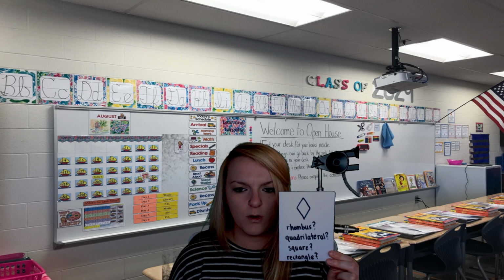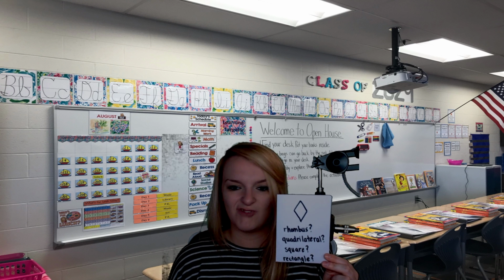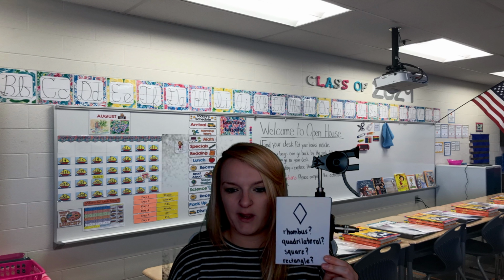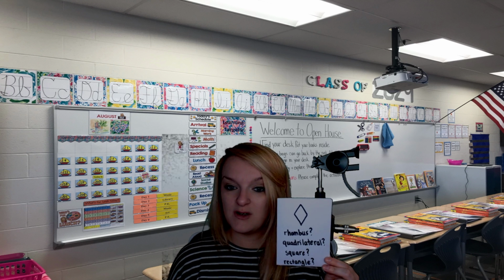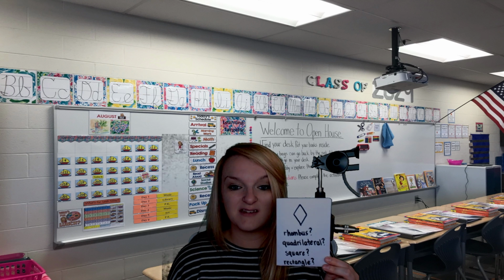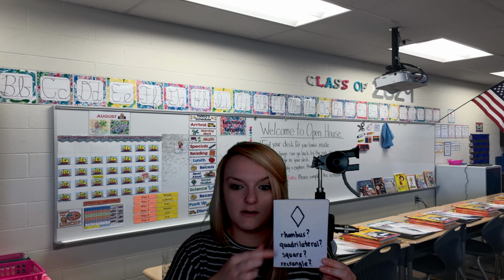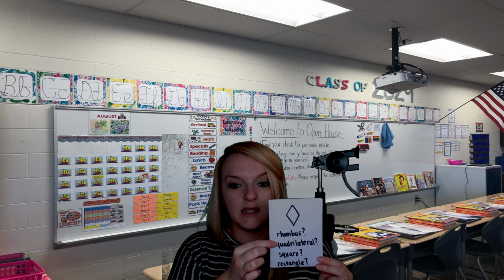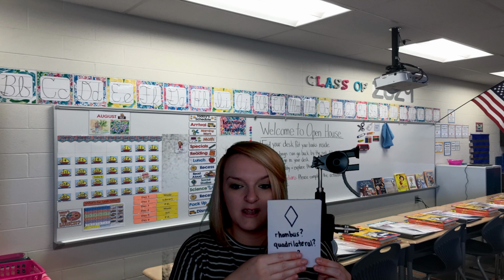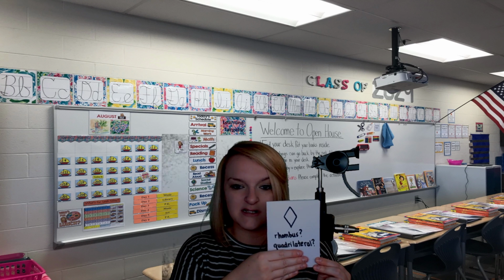Does it have 4 right angles though? Can I fit a square perfectly in all those corners? Nope, it is not a square. And that means it's also not a rectangle because it doesn't have 4 right angles. So this one is a rhombus. It is a quadrilateral. It is not a square or a rectangle. Okay?